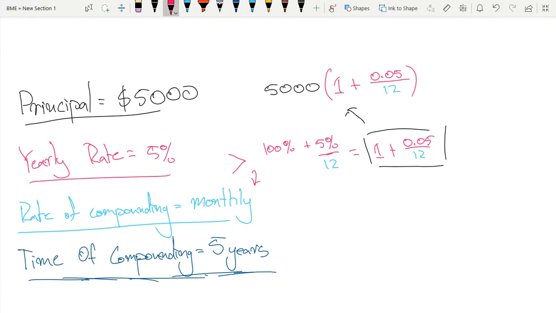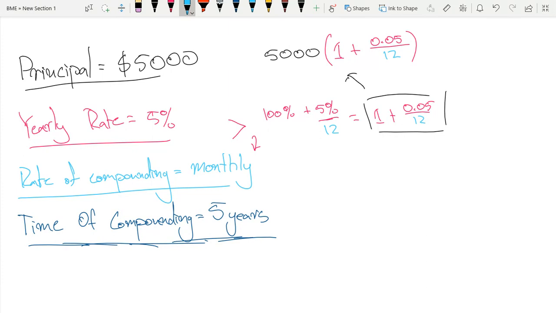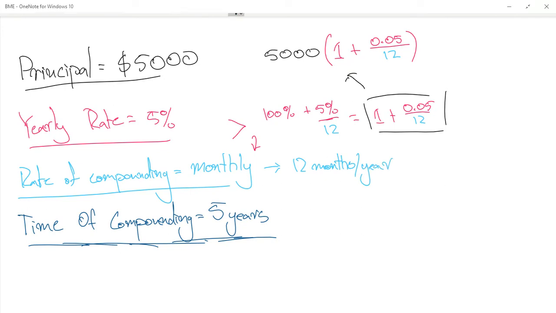And now, how many times is this going to be compounded? Well, we know that it's compounded monthly, and there are 12 months per year. And it compounds for 5 years.